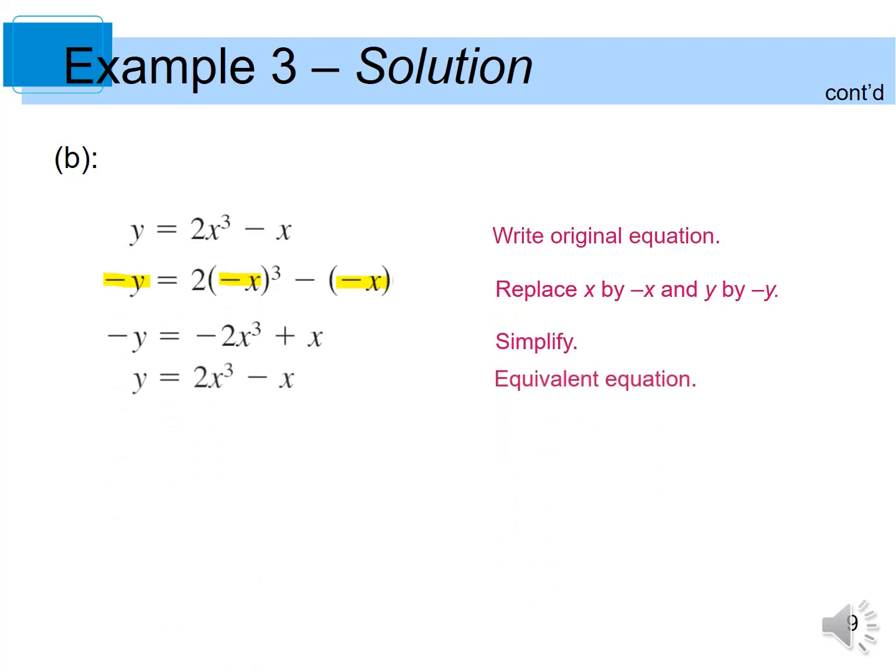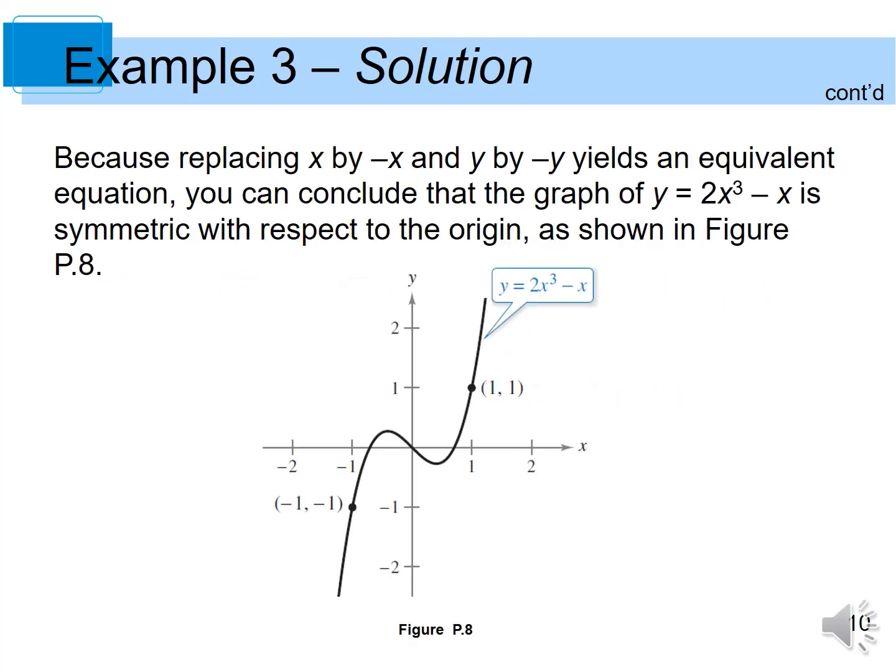Again, then you see your last equation is the same as the original equation. So you can conclude: the graph is symmetric with respect to the origin.